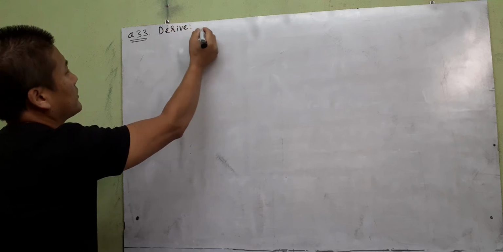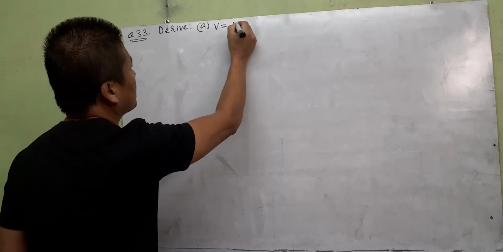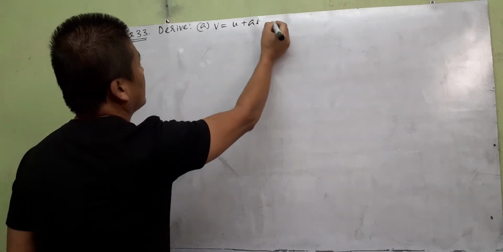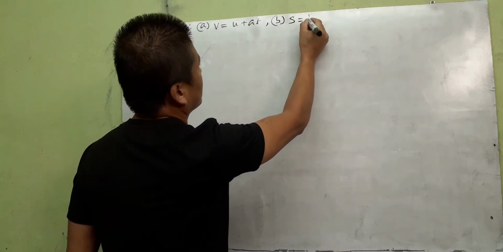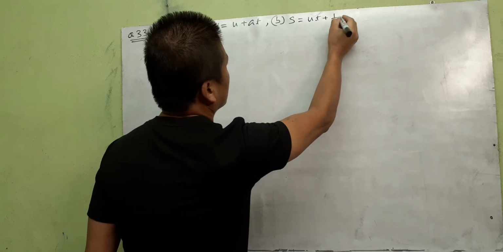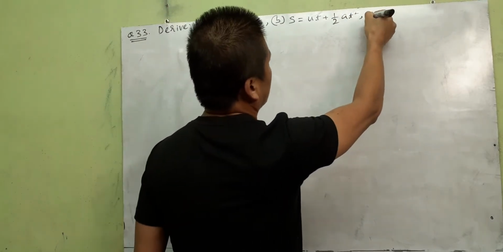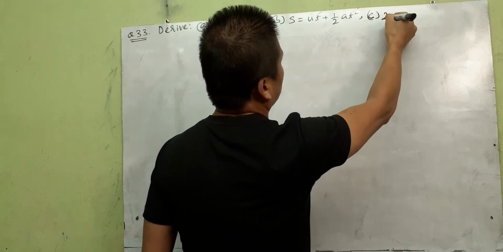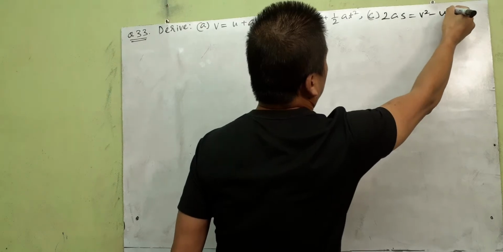Derive the first equation, the famous equation, v is equal to u plus at. Then we'll derive the next one, s is equal to ut plus half at square, and then the third one, 2as is equal to v square minus u square.